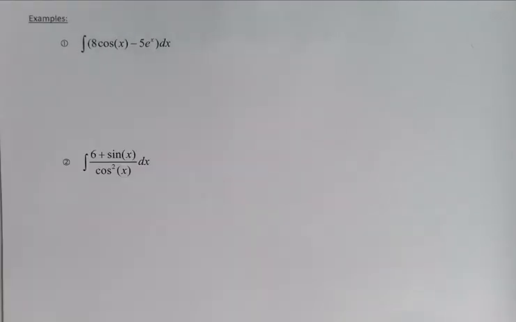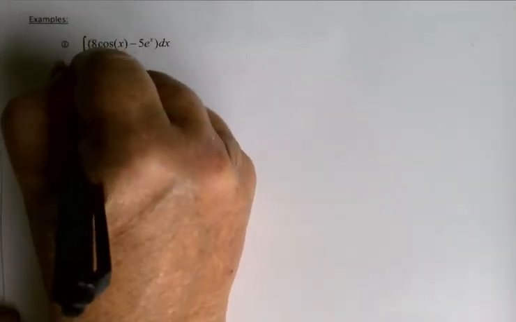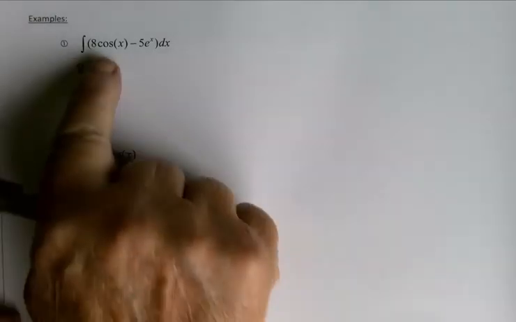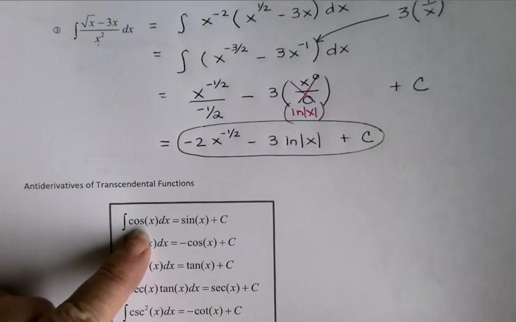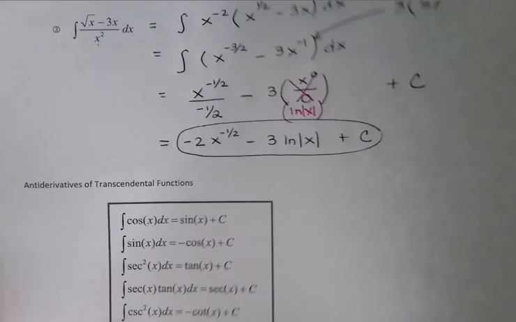So if I want the antiderivative of 8 cosine x minus 5e to the x dx, it is subtraction, so no problem. It's not multiplying or dividing, thank goodness. 8 is a constant multiplier. And then I just want to do the antiderivative of cosine x, which is just sine x.